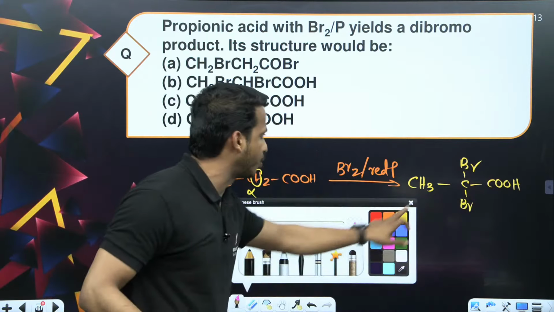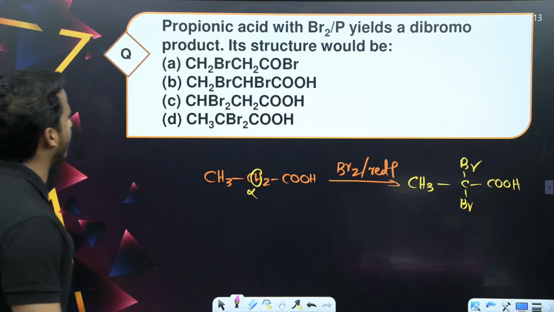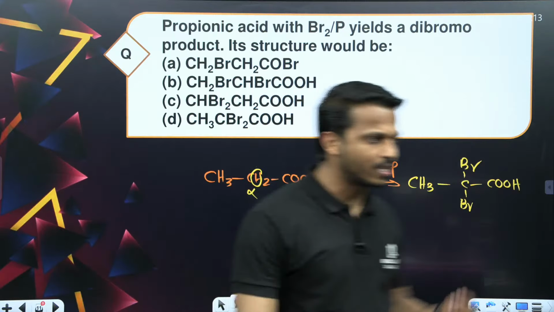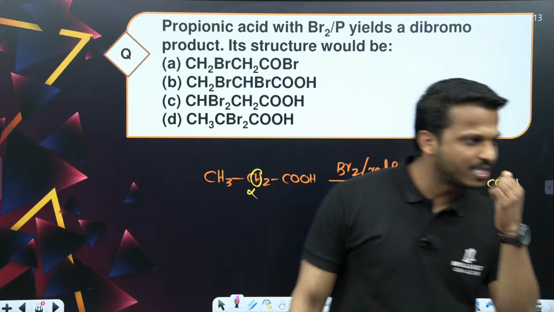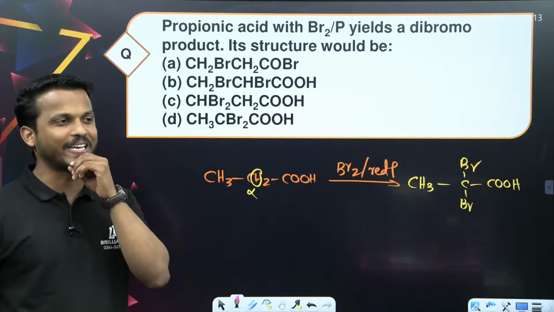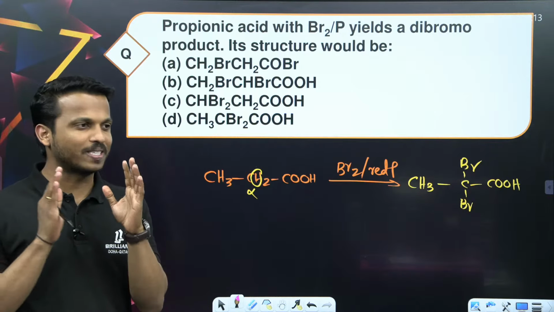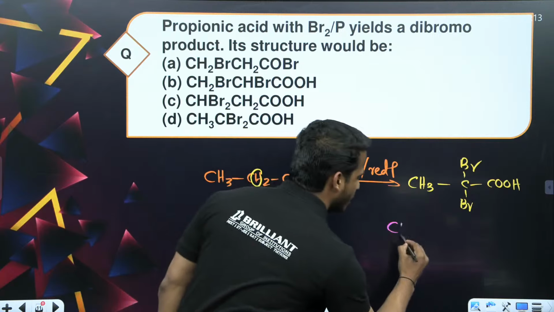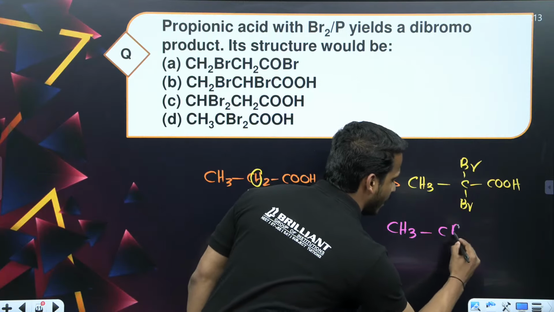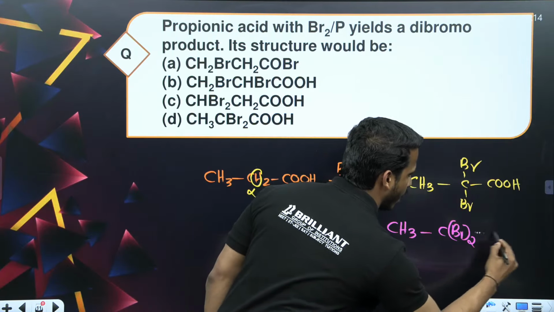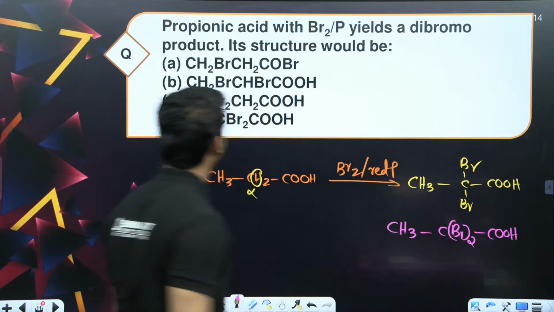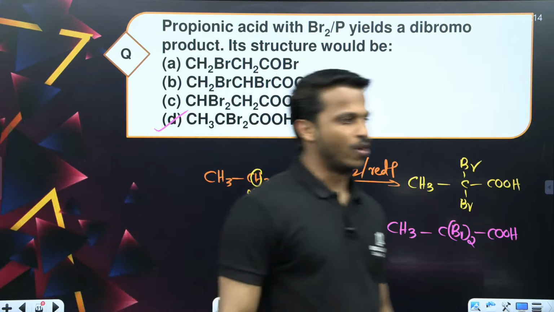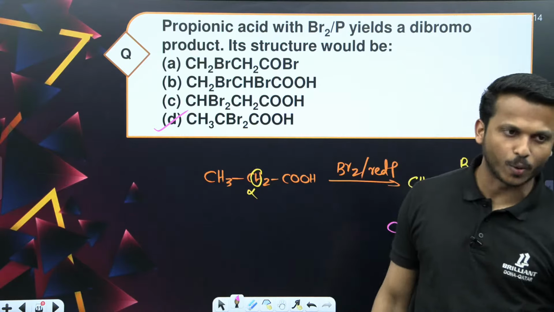Where is this option? Can you please check once again whether it is C or D? What is this compound? CH3, CBr2, then COOH. That is option D, my dear student. Yes, option D is correct.